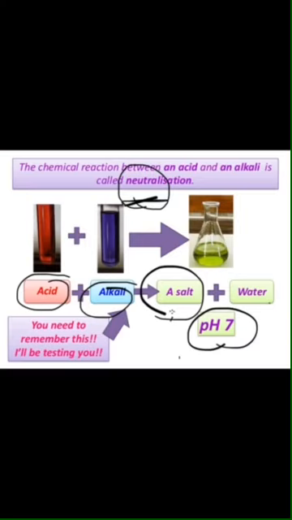We said as we have more OH or hydroxide ions, we have a more concentrated alkali, and as we have more H or hydrogen ions, we have a more concentrated acid.